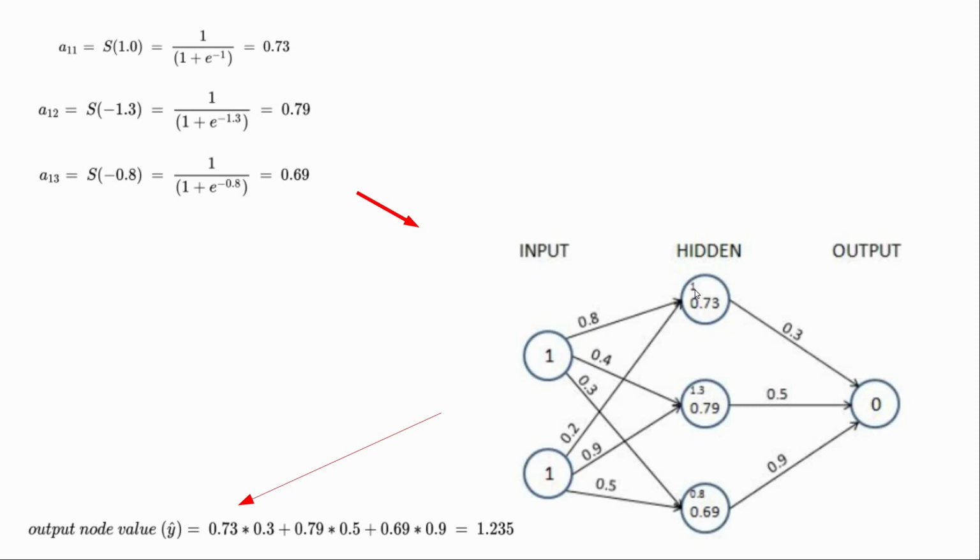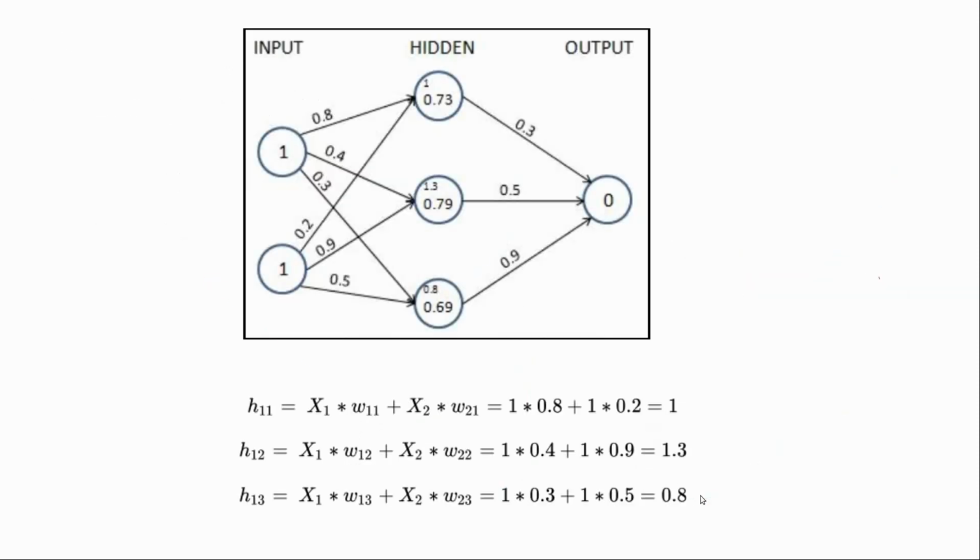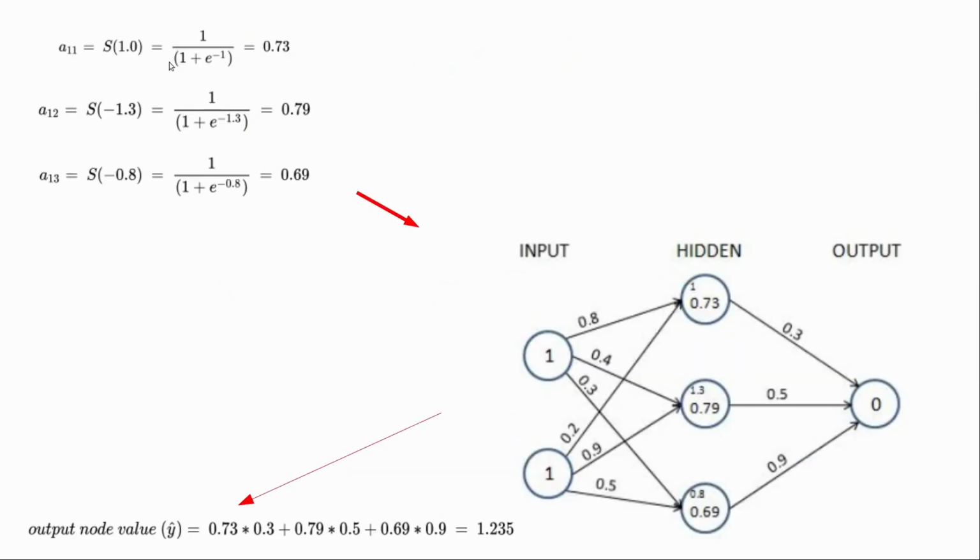Okay, and now we see the calculation. We already received the values 1, 1.3, and 0.8 here, referring to this calculation. That is, 1 is a weighted sum of this, 1.3 is a weighted sum of 0.4 coming from here and 0.9 coming from here, and 0.8 is a weighted sum of 0.3 coming from this node and 0.5 coming from this node. So you already have these values. Now those values need to be passed through the sigmoid function.